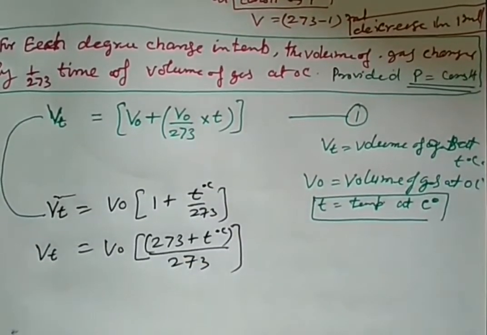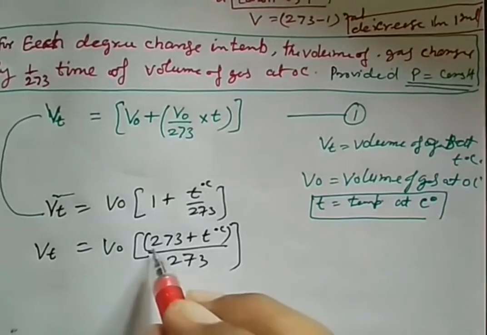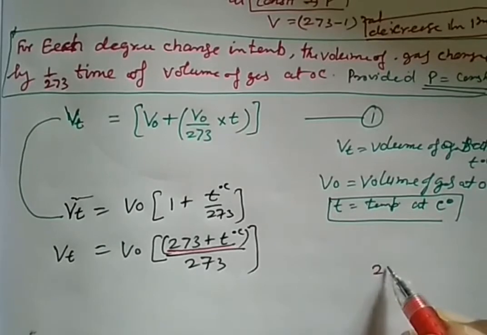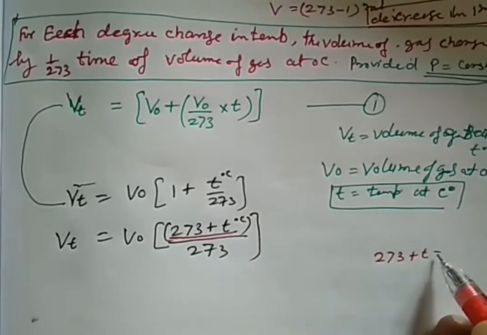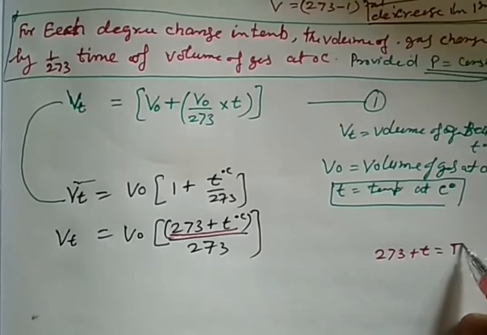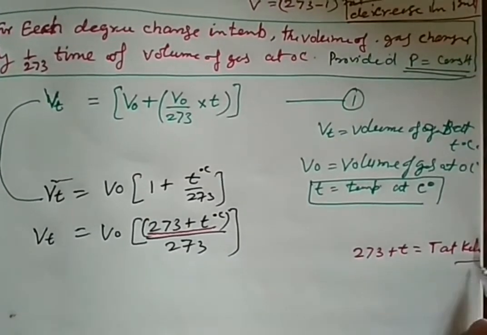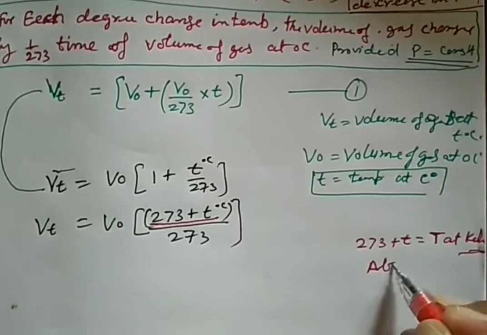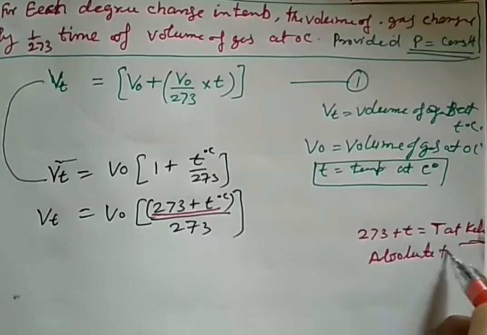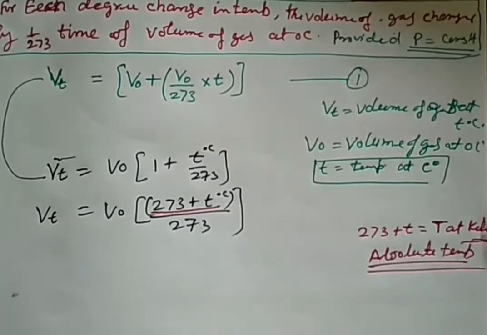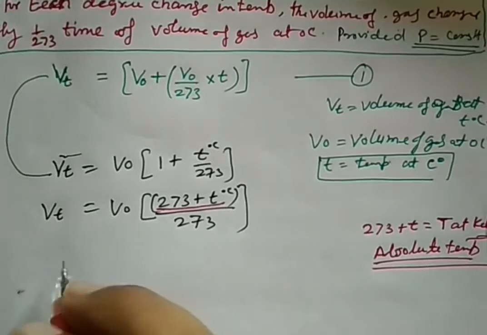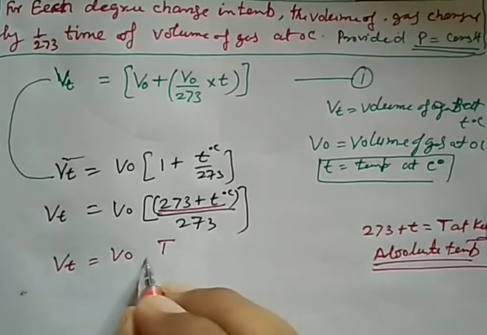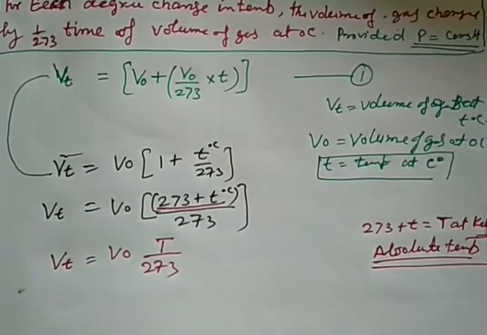See very carefully the underlined term 273 plus T. 273 plus T is called temperature in Kelvin, the absolute temperature. Right? So we may write Vt is equal to V0 times capital T by 273.